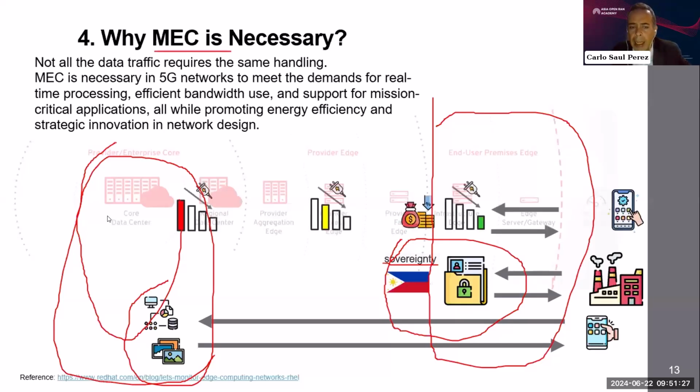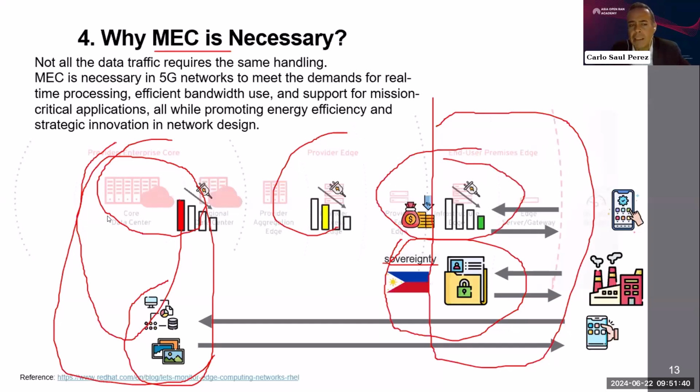There is another scenario where you are handling information, and for sure that information can be handled in the core, in the edge, or in the very near edge. But processing that information here requires transmission from here to here. So you will need a lot of transmission, you will need to spend a lot of electricity, and you need to spend a lot of money.